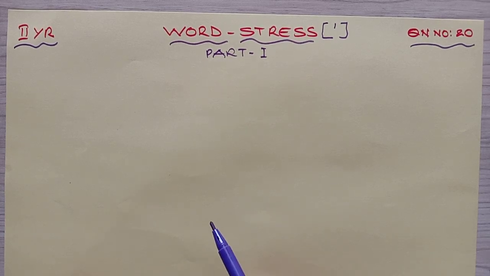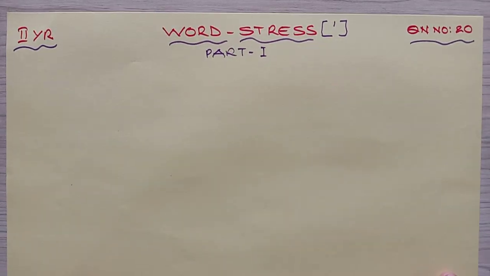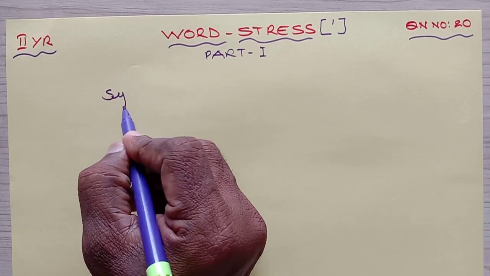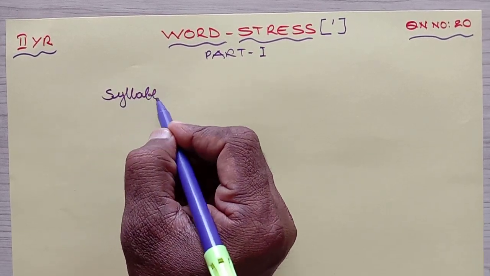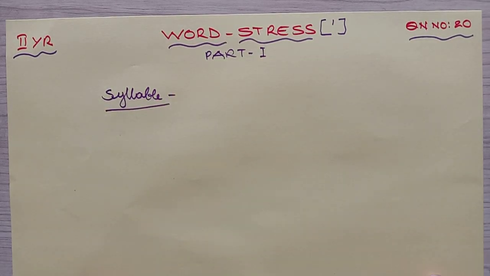Any word in English, or any language, is made up of one or more syllables. So we need to understand what a syllable is. Every word in every language is made up of combinations of vowel sounds as well as consonant sounds.